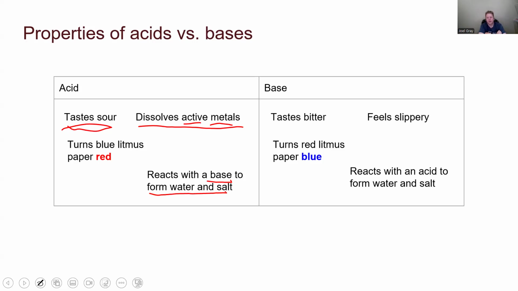Whenever I'm introducing acids and bases, I say, oh, what's an acid? And someone would say, oh, well, it's something that tastes sour or dissolves metal. And I say, yeah, you're right. And then they say, okay, well, what's a base? And they'll say, well, a base is something that tastes bitter or feels slippery. And I'd be like, yeah. And then I say, what's a salt? And then someone says, oh, well, it's what forms when an acid and base react with one another.